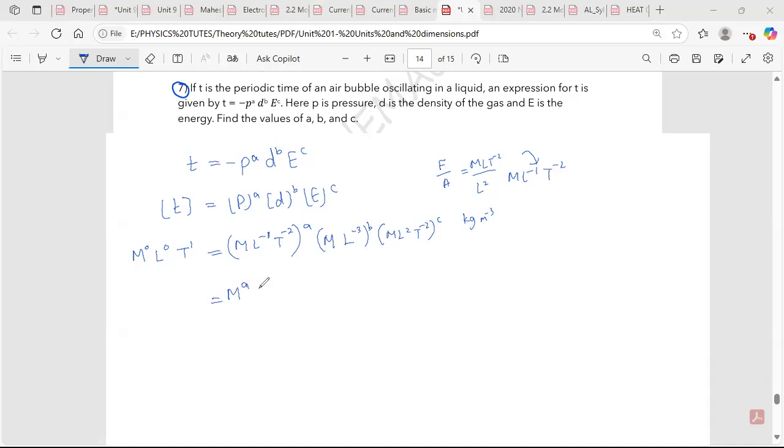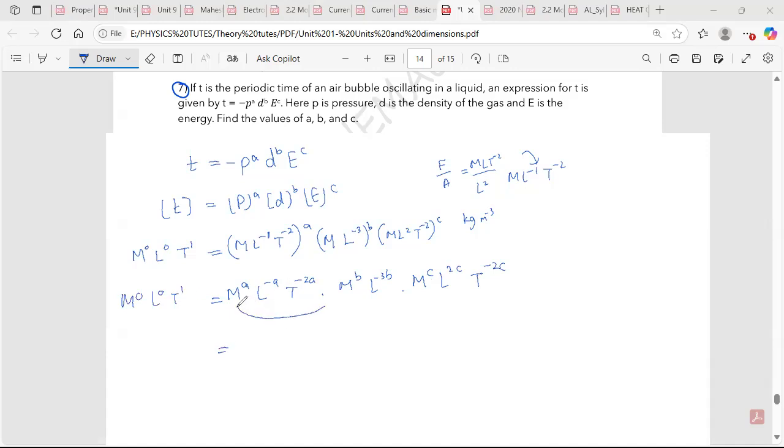M to the power A, L to the power minus A, T to the power minus 2A, times M to the power B, L to the power minus 3B, times M to the power C, L to the power 2C and T to the power minus 2C equals M0, L0, T to the power 1.